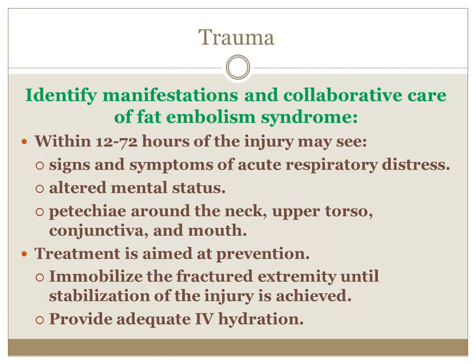Let's talk about the manifestations and collaborative care seen with fat embolism. This is when we have any kind of long bone fracture, such as the femur or the tibia. Those fat globules can be released from the marrow, and they're going to land in the venous system, and you're going to see signs and symptoms of acute respiratory distress. As O2 levels diminish, you're going to have altered mental status. Now you're thinking, well, wait, what is it doing?